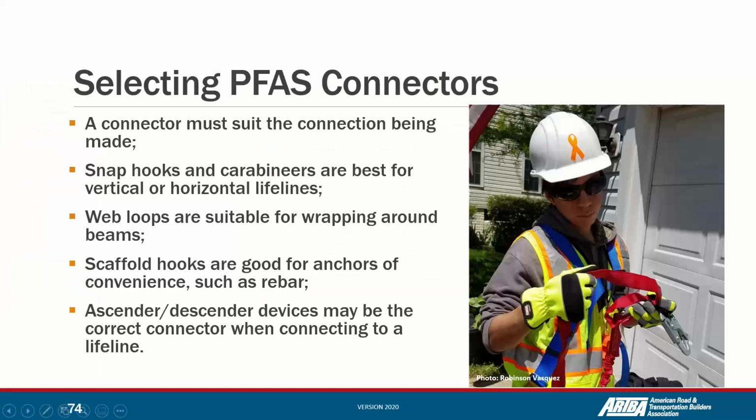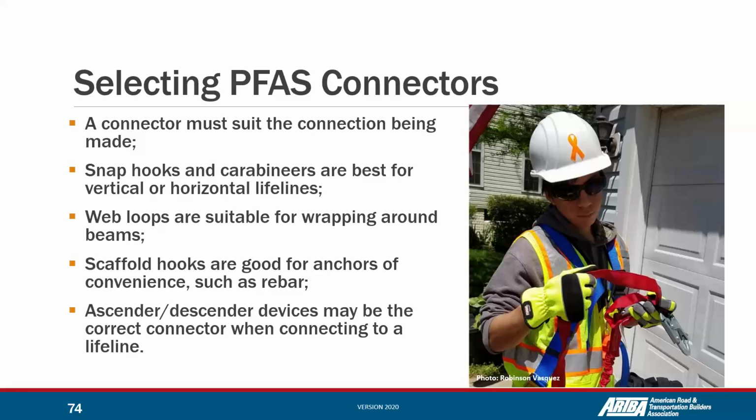Okay, are we ready? Thinking about selecting yard lifelines and horizontal lifelines, there are different kinds of snap hooks and carabiners, and they are usually best for vertical or horizontal lifelines. Using a ladder, workers need a vertical lifeline to connect to the personal fall arrest system to protect workers who are working vertically, up or down.